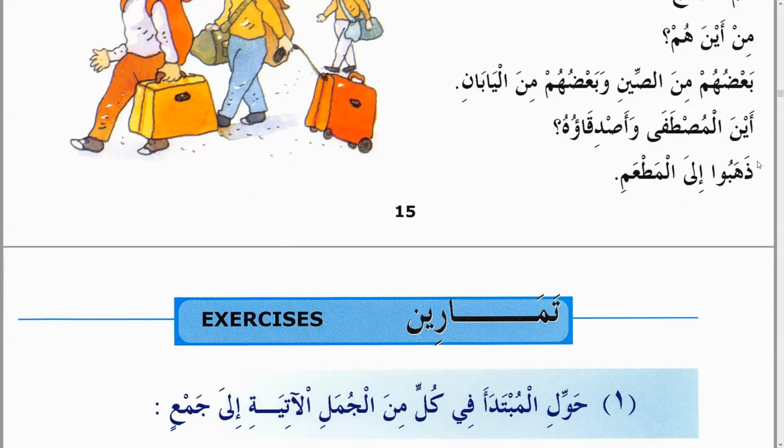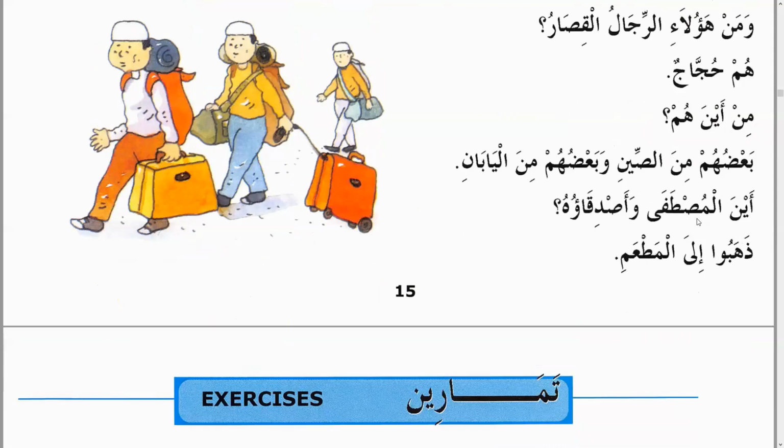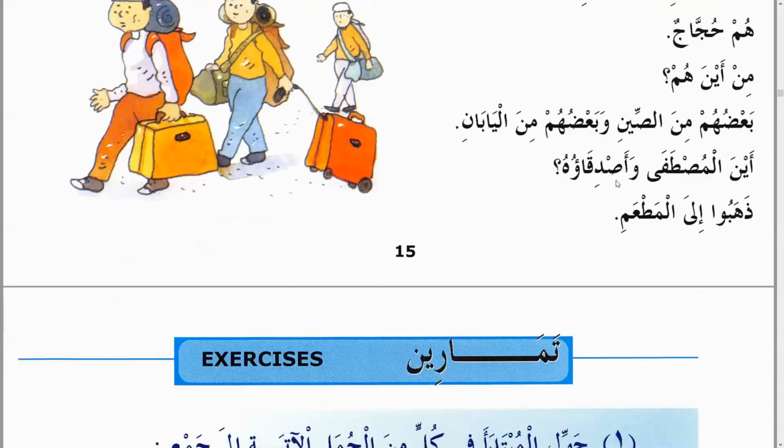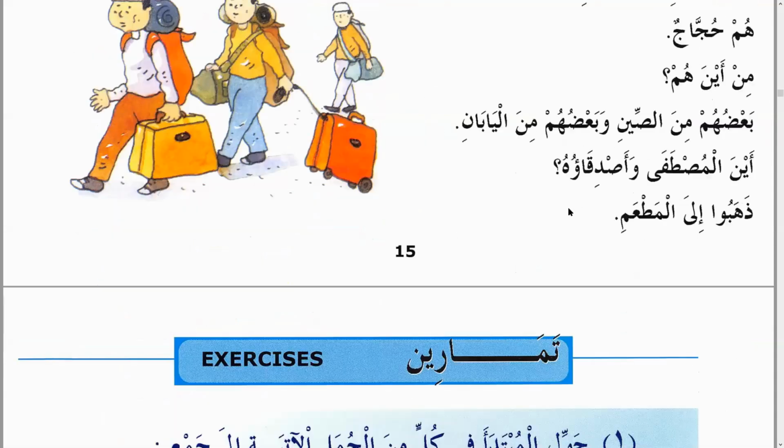But generally speaking, names do not take alif lam, like Yasir, Zakariya, Musa, Abdullah. Some special names take alif lam, although it doesn't change anything. Al-Mustafa is fine. That too is defined by culture. We cannot go and add an alif lam to Musa or Zakariya.